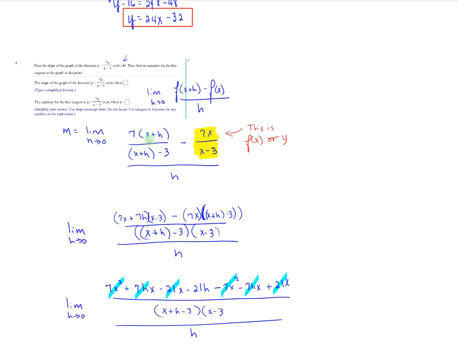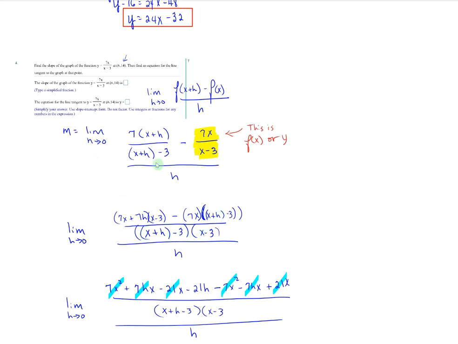So we have to start cleaning up. Let's get a common denominator, which is this times this. Putting it all together, we multiply this top, 7x plus 7h, times x minus 3, and over here we multiply by x plus h minus 3.